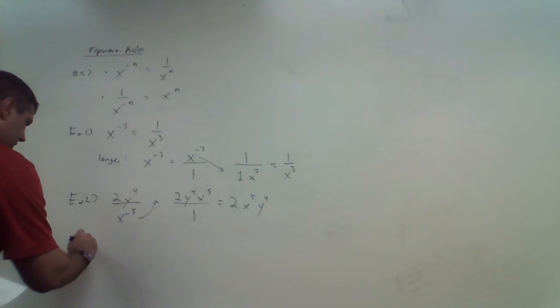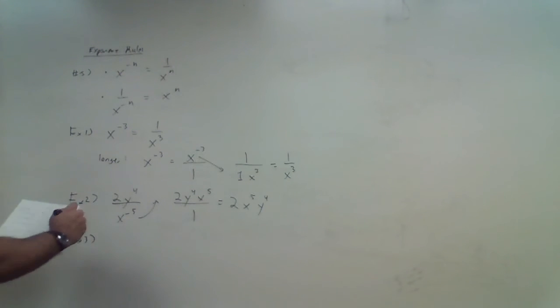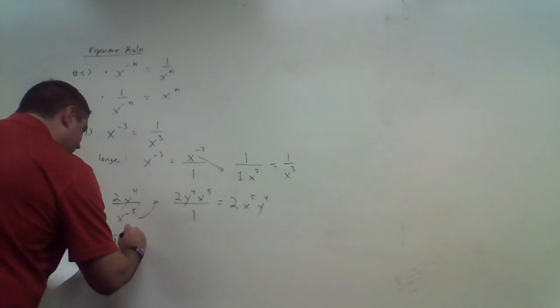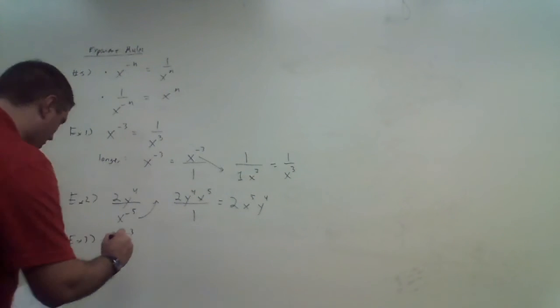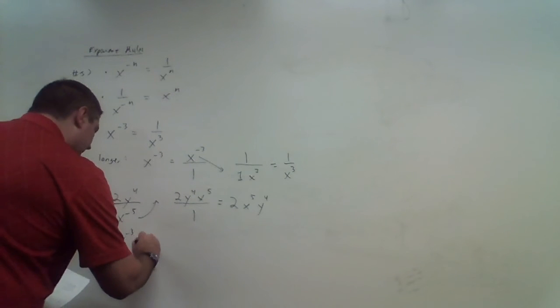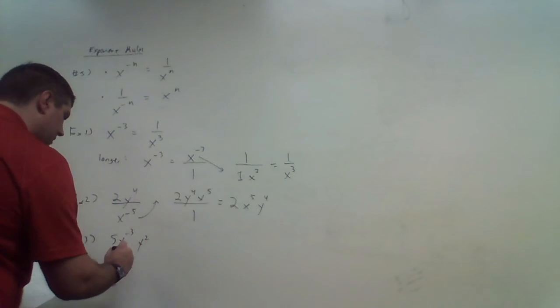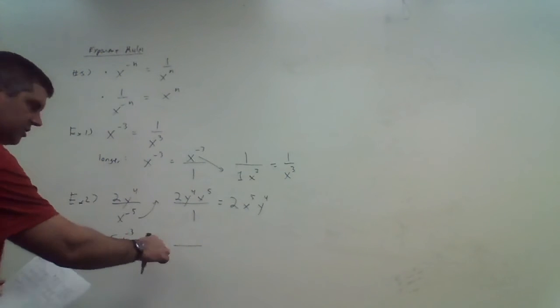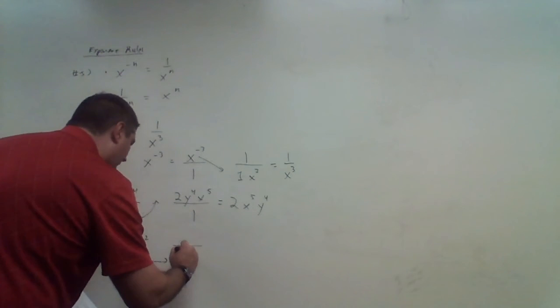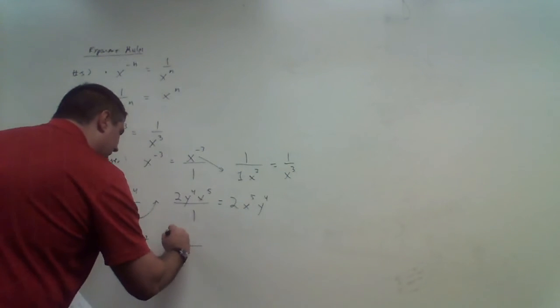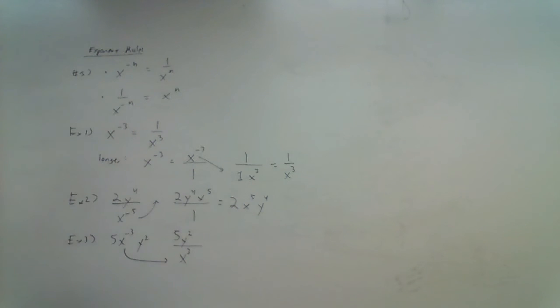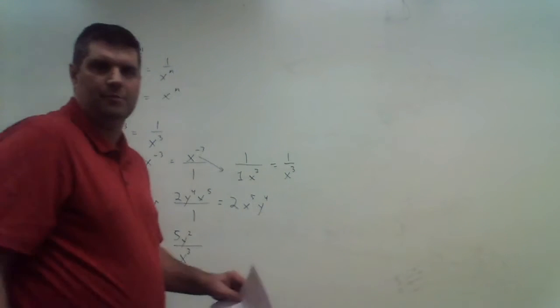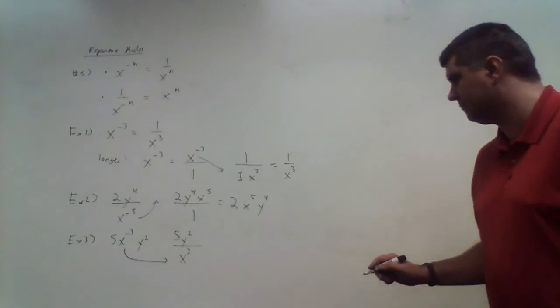Example 3. 5x to the negative third, y squared. Well, this part is going to be moved to the other side of the fraction bar, and I will have x to the positive third. These two are going to stay right where they are. Okay?